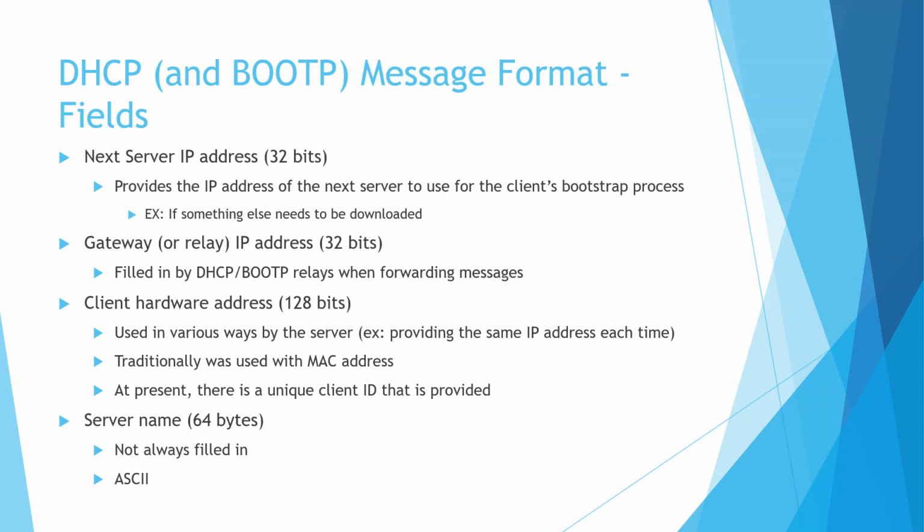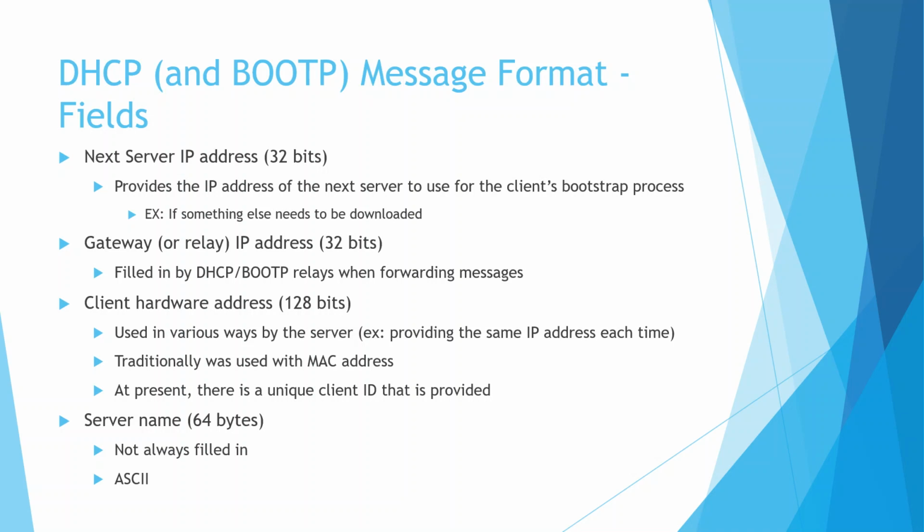Then we have client hardware address, which is 128 bits. This is going to be used in various ways, and there's more than one way the server uses it. The primary function is to help us provide the same IP address each time. The name of the game here is to try to provide as much consistency as possible.